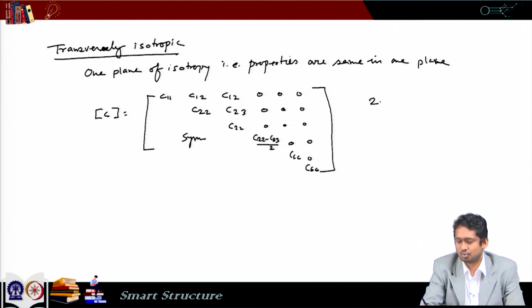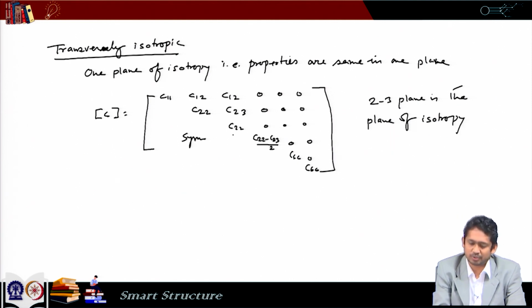So, in this case 2-3 plane is the plane of isotropy. So, that is why we can see that C22 and C23 are same, and similarly shear modulus here and here are also same.